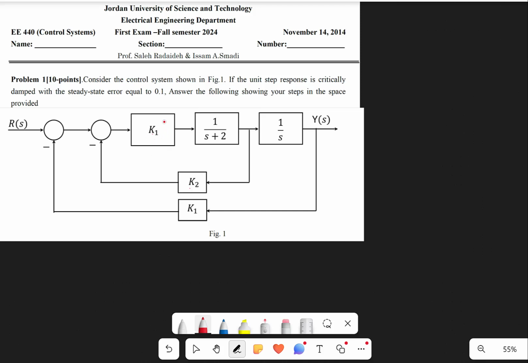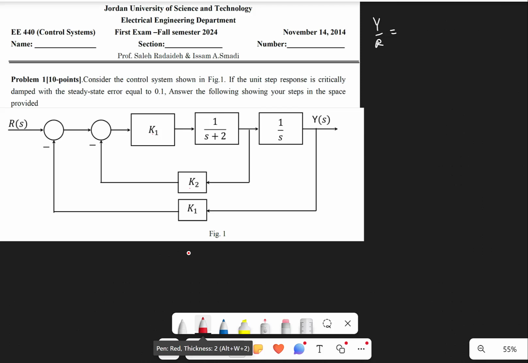To do so, the first thing we need to find is the closed loop transfer function, which is Y over R. If we examine the figure, we can see that this one is actually feedback.